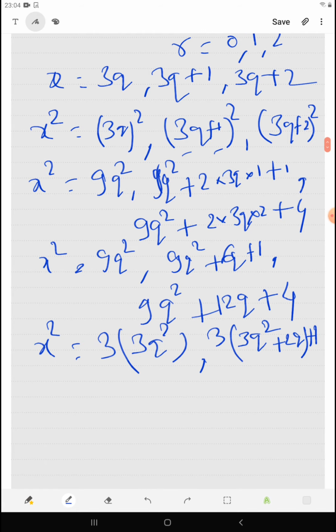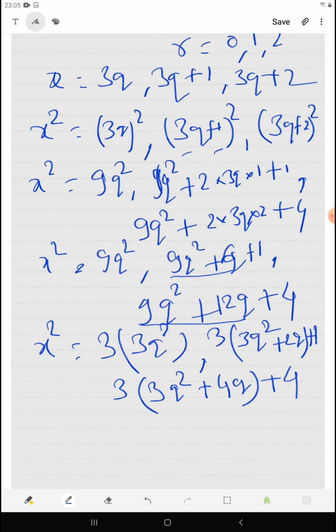So for 9q square I am left with 3q square, for 6q I am left with 2q, and then finally plus 1. And for the last one, again I will take 3 common. So I am left with 3q square plus 4q, and finally plus 4.